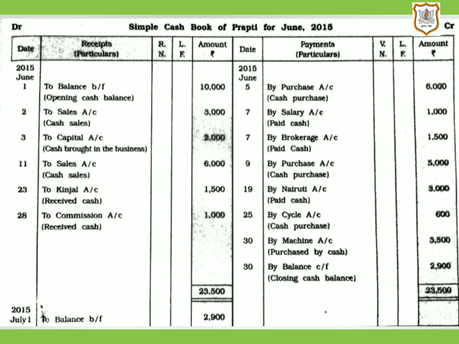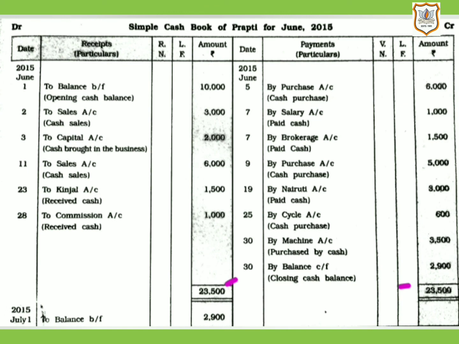So here, in the cash book, the total of the debit side is more, which is 23,500. So we will enter it on both sides, 23,500.